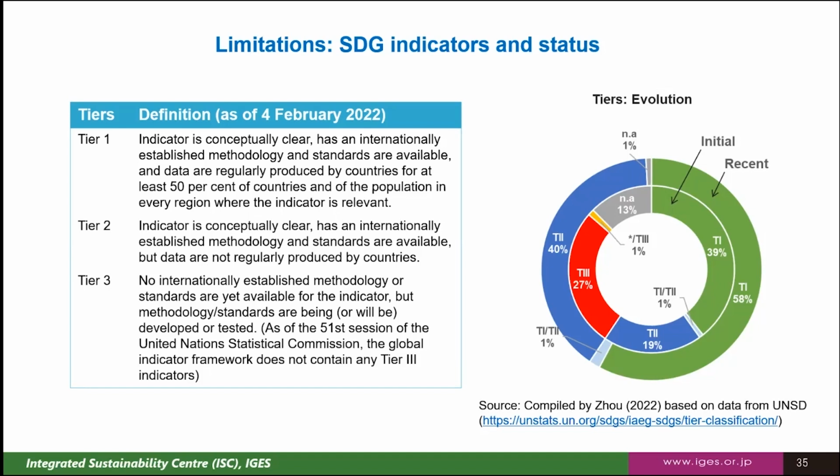Recently, these have been greatly improved, with Tier 1 accounting for 58%, and there are no more Tier 3 indicators. But still, we have 40% Tier 2 indicators, and the data availability for Tier 1 indicators varies across countries.